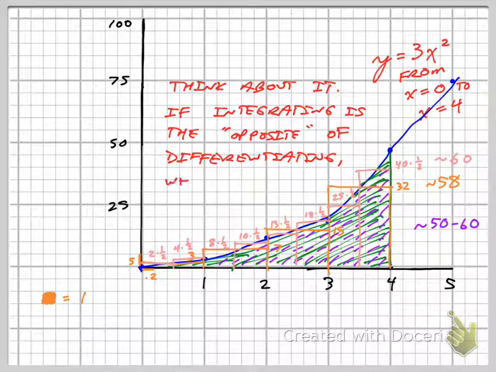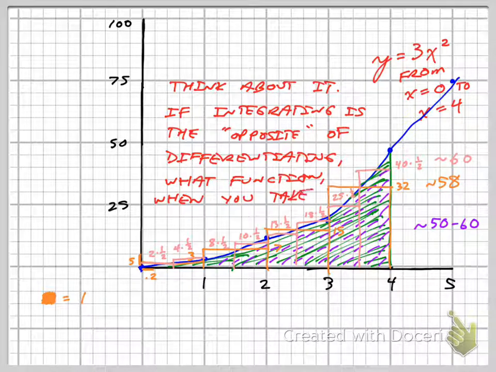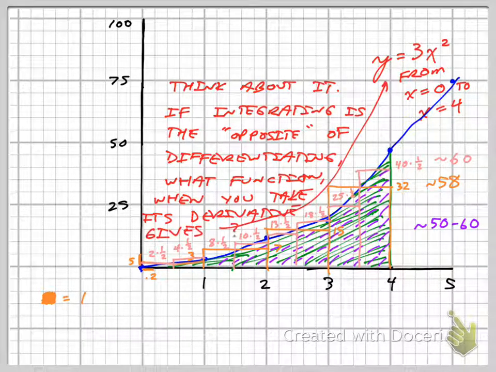What function would result in 3x squared when I took its derivative? And of course, doing a little bit of figuring, you can anticipate that the function that when I took the derivative by the power rule that you learned, that would give 3x squared would be what? Y equals x cubed, right?